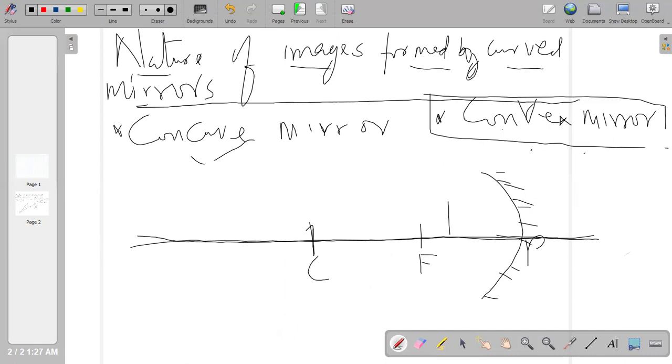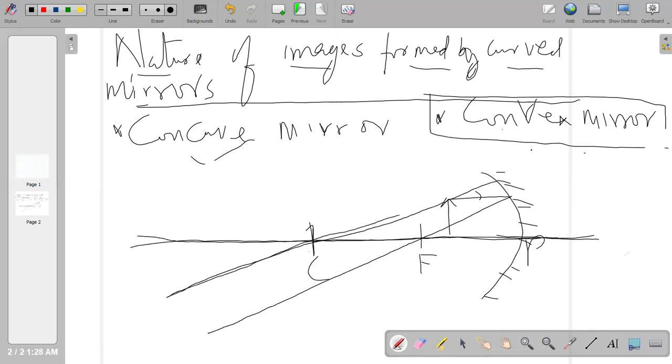The object is right here. We are using dotted lines here because this image is not real but virtual.